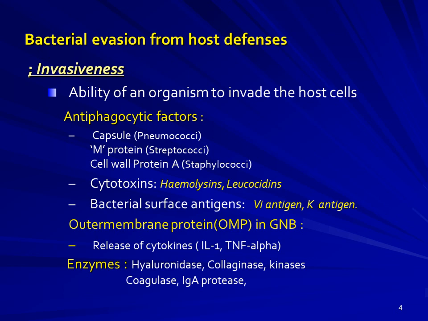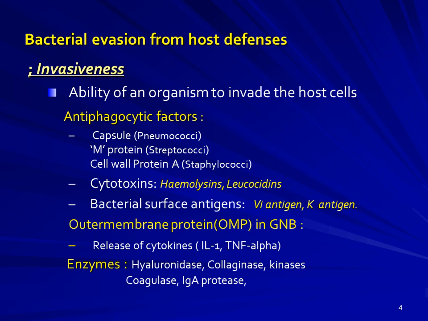Another factor is the outer membrane protein present in gram negative bacteria, responsible for the release of cytokines like interleukin 1 and tumor necrosis factor alpha, which are responsible for pathogenesis. Then there are enzymes like hyaluronidase, collagenase, kinases, coagulase, and IgA proteases. Hyaluronidase and collagenases are produced by the streptococci, and coagulase by Staphylococcus aureus.